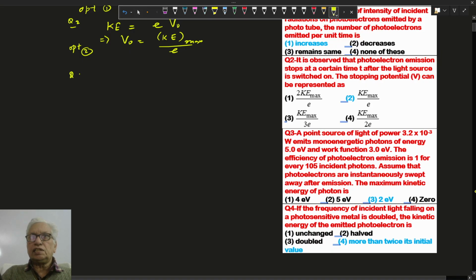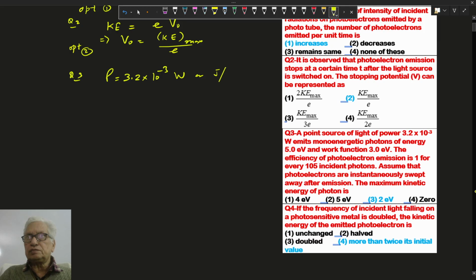Now question 3. A point source of light where power is given as 3.2 into 10 to the power minus 3 watt, or joules per second. Energy 5 electron volt, and the work function here of the material is 3 electron volt.